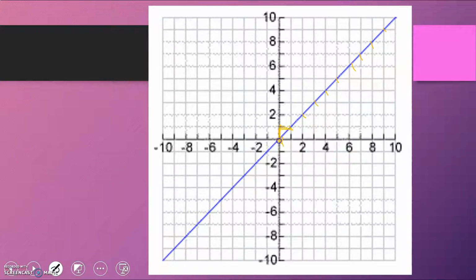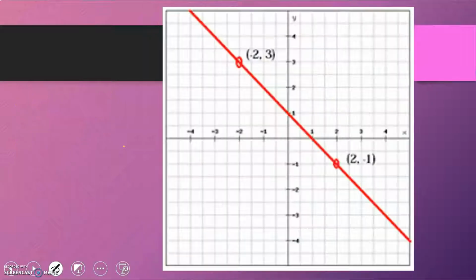So these two are really close together. You go up 1, so the rise is 1, and over 1 to the right, which is 1. Up and right are both considered positive values, so you would have a positive 1 divided by positive 1, which would give you 1. So your slope for this line would be 1.